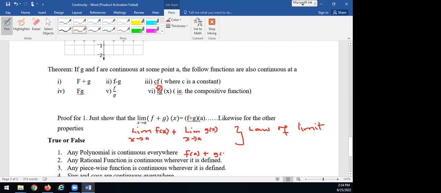Now, is f of a plus g of a the same thing as f plus g of a? Yeah, it's the same thing, which is the same thing as f plus g of a. All these I did in algebra. And so your proof is done.